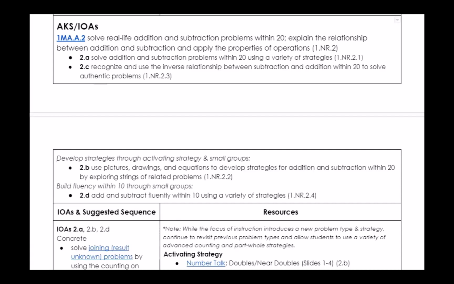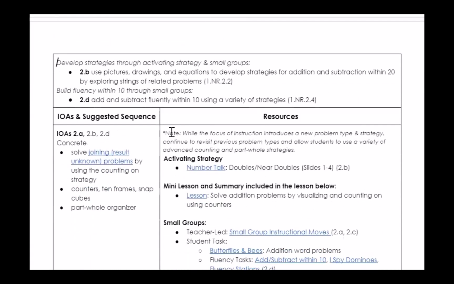But if you're looking at that very first day of instruction, you see that IOA 2A is listed first and it's also in bold. That's because that IOA is the main focus of your lesson and your student tasks that day. So that's why that's listed first.